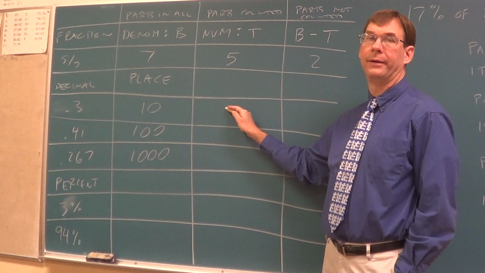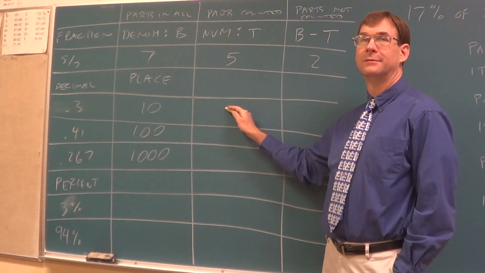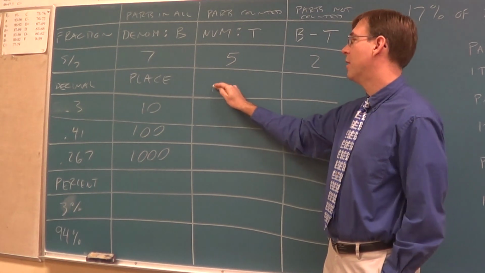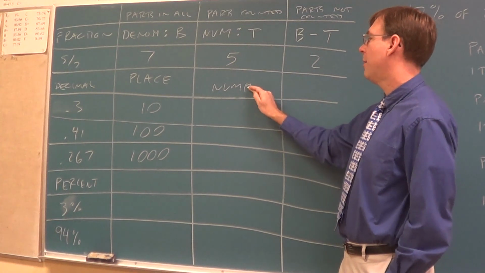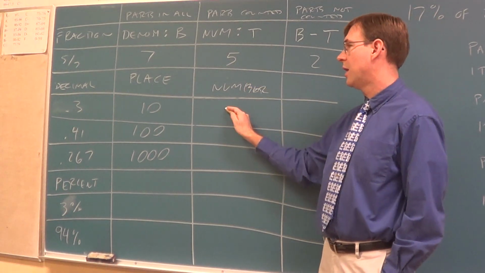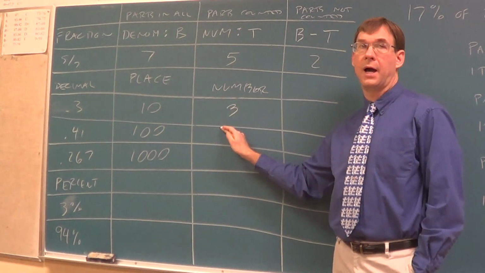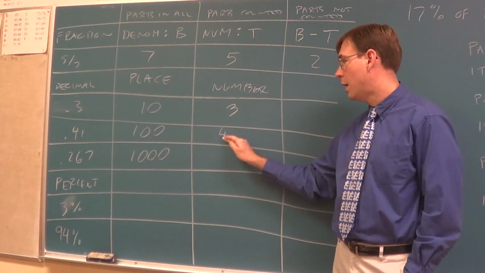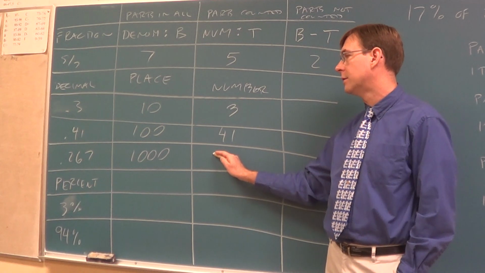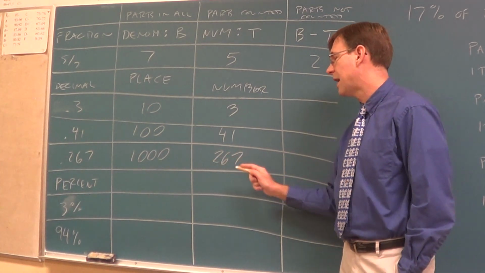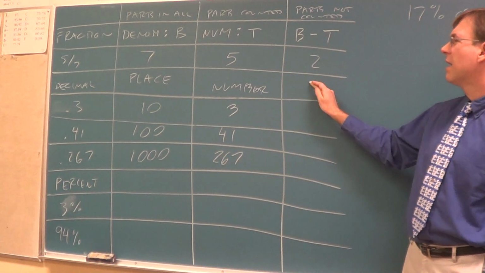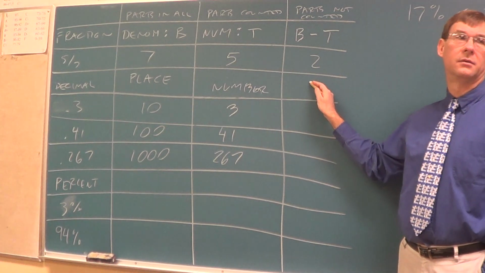How many got counted? Yeah, what the number is. Just grab the number. So this is telling us out of 10 we got 3. Out of 100 we got 41. Out of 1,000 we got 267.